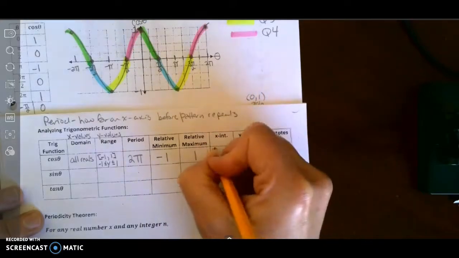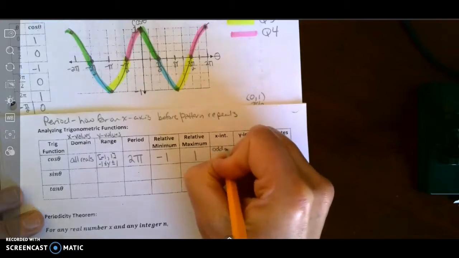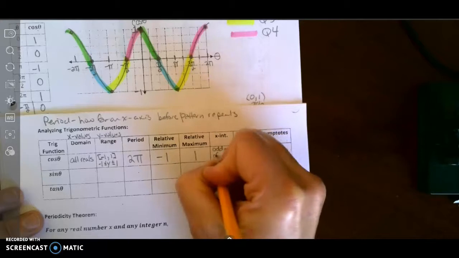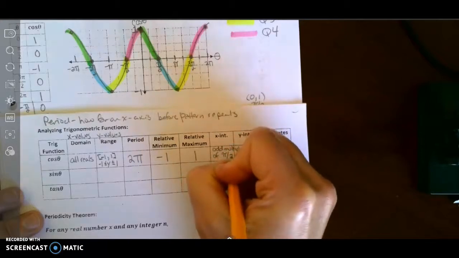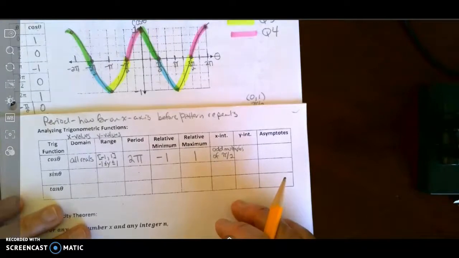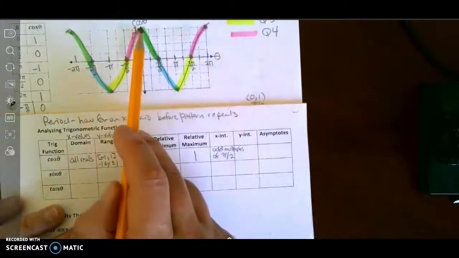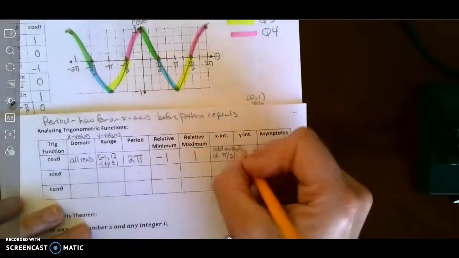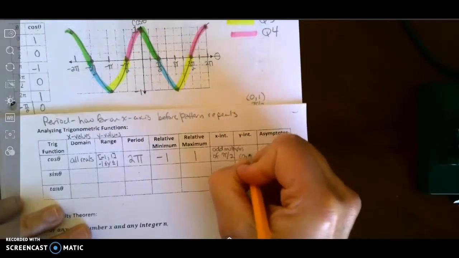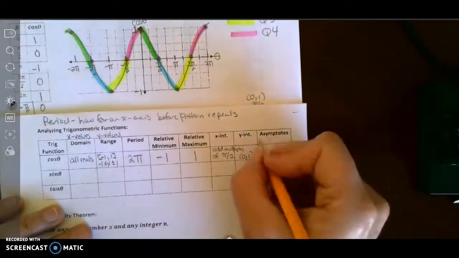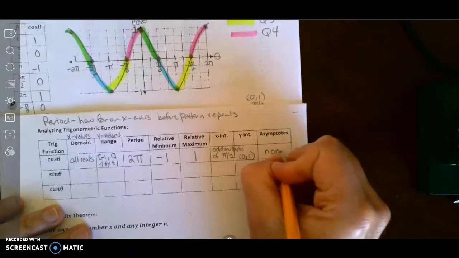It's all my odd multiples of pi over 2. Y-intercept, it only crosses the y-axis 1 time right there at 0, 1. And asymptotes, the cosine graph has none.